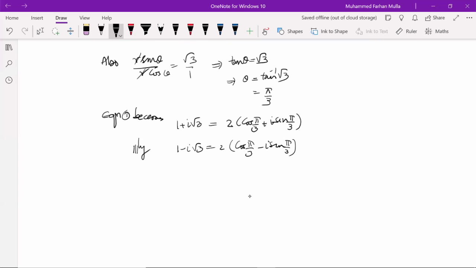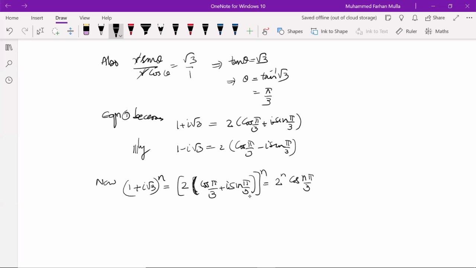Now, 1 plus I root 3 to the power of n. 1 plus I root 3 is 2 (cos pi by 3 plus I sin pi by 3). If you take the power n, this is 2 raised to n (cos of n pi by 3 plus I sin n pi by 3).